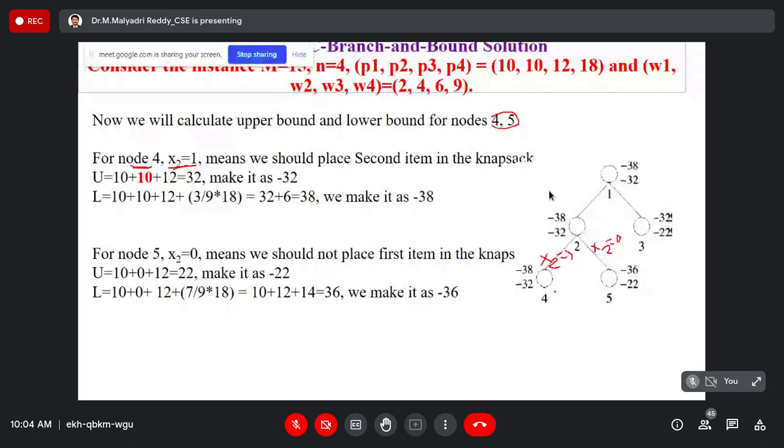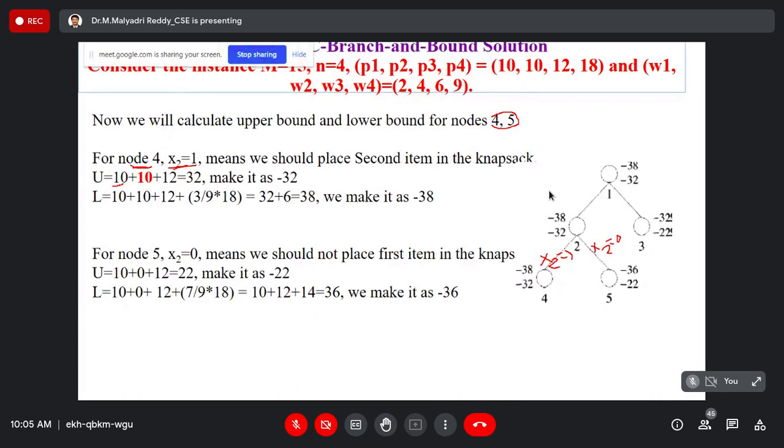For nodes 4 and 5 we need to calculate the lower boundaries and the upper boundaries again. So what is the upper boundary for node 4?